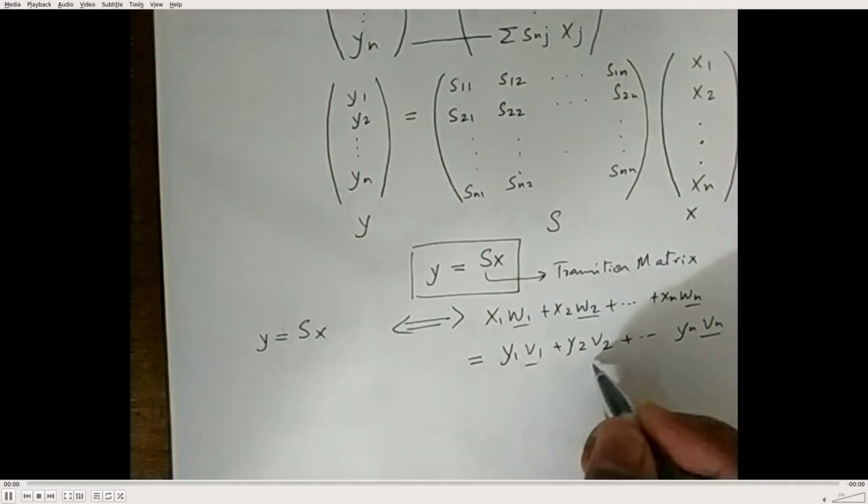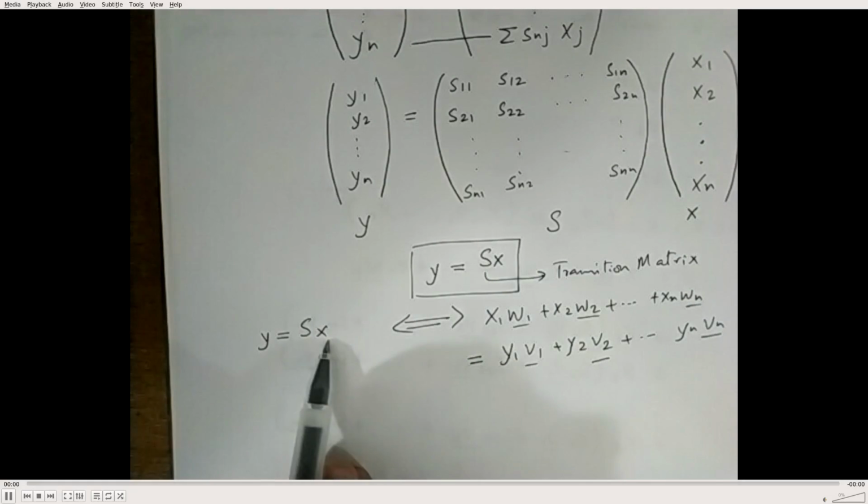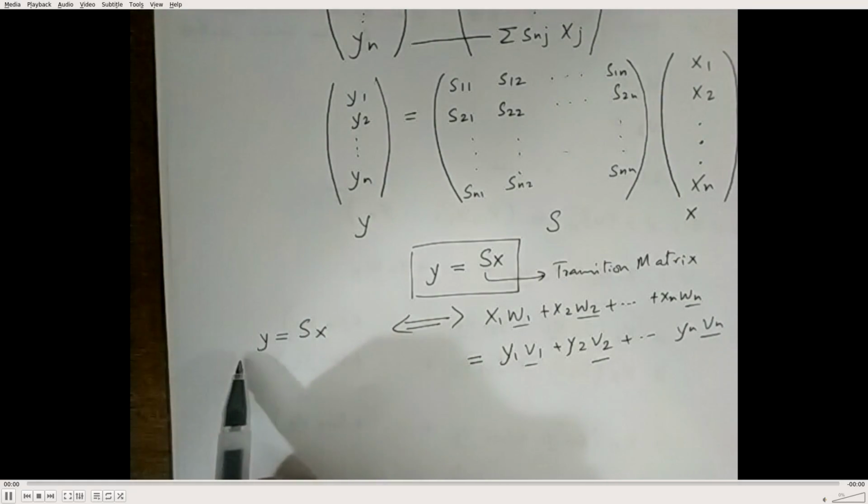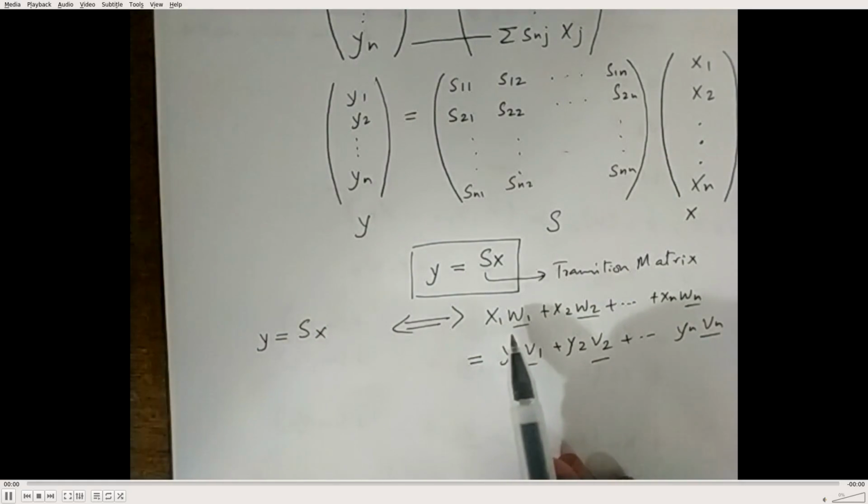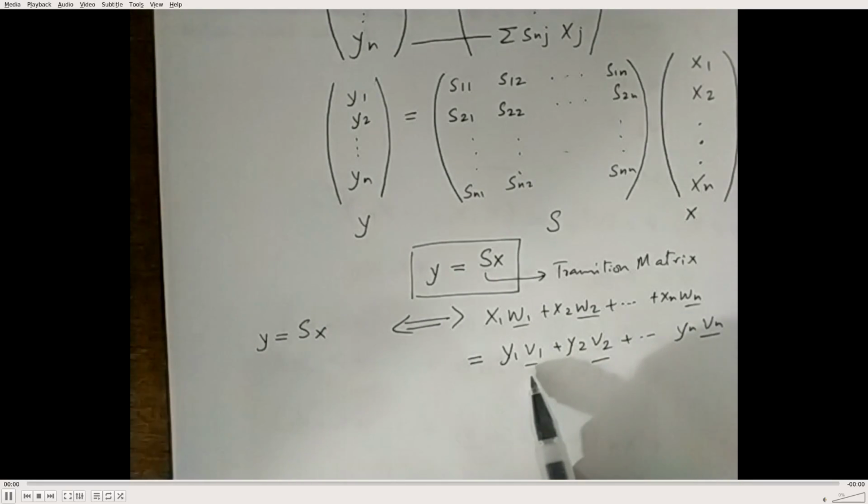That's what we're doing. When coordinates x change to coordinates y, we change bases from w's to v's.